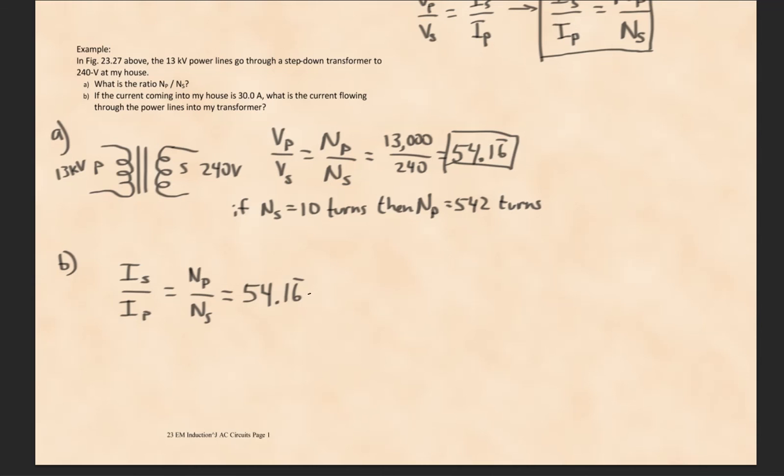We know this is 54.16, and the secondary side, which is coming into my house, is 30, and the primary side is what's coming into the transformer. And so there's a little over half an amp flowing into the transformer, although flowing out of the transformer is 30 amps.